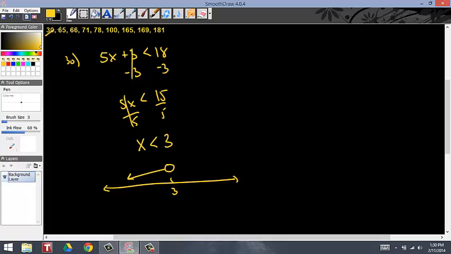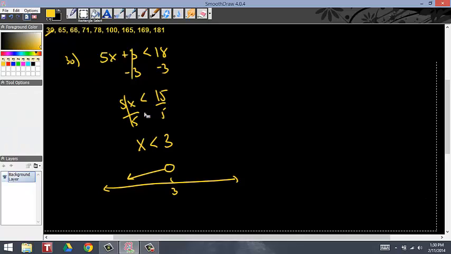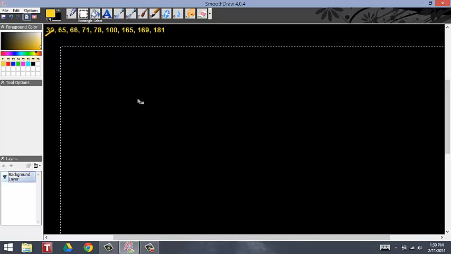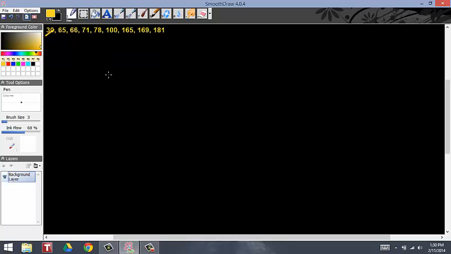65. Okay, good question. Whenever you have a situation where you have x's on both sides of the equal sign, like in number 65, it's always good to remember that algebra is easy.